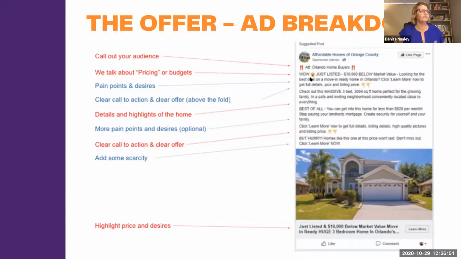Like this one happens to be listed $10,000 below market value. You could say, hey, we're offering a list of homes under the median price, because people will think, oh, that's a bargain, let me see what's in those bargain homes. You can offer a list of foreclosures. You can offer a list of VA ready homes. It really depends on who your target clients are and who you want to attract.